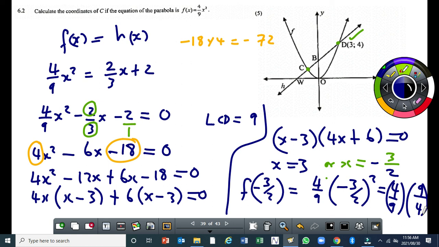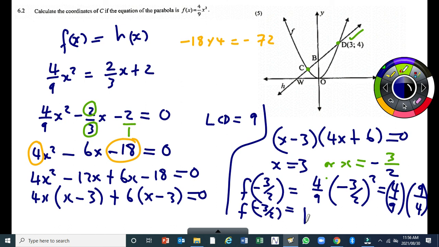So eventually my answer is going to be 1. So f of minus 3 over 2 is 1. Hence, the coordinates of C are x is minus 3 over 2 and y is 1.